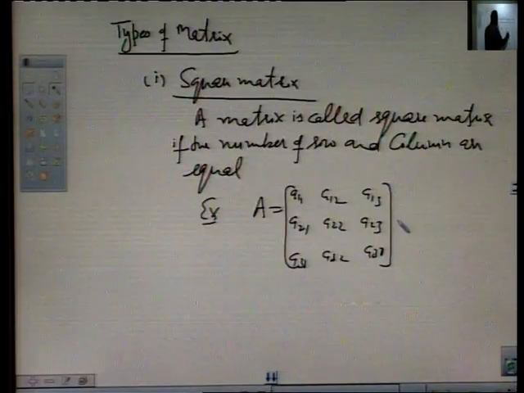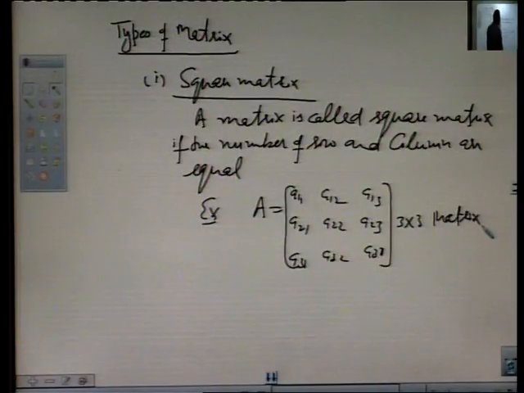This is a 3 cross 3 matrix. This matrix has 3 rows, first row, second row and third row, and first column, second column and third column. If the number of rows and number of columns are equal, a matrix is called a square matrix.